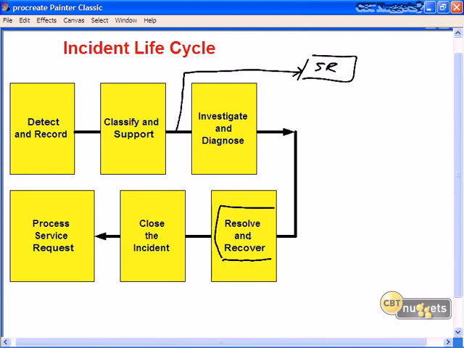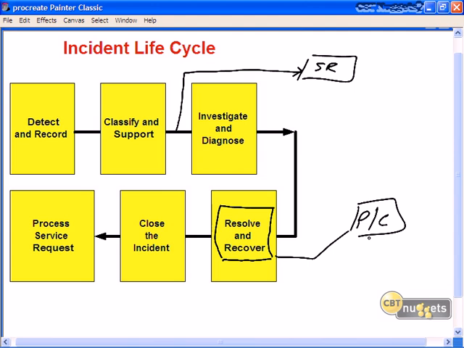There must be some type of resolution to the incident, even if the resolution is to move this over into the problem and change management area of IT services to implement some type of infrastructure change, where resources have to be allocated and systems have to be replaced or updated. So there has to be some type of resolution here.